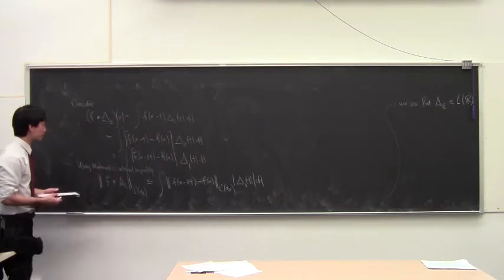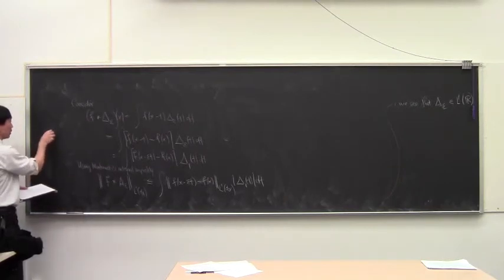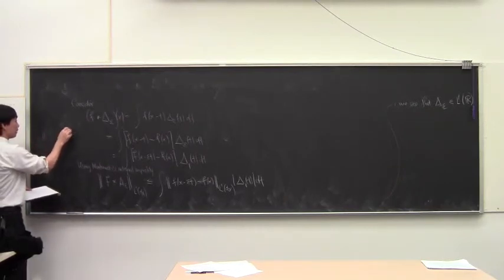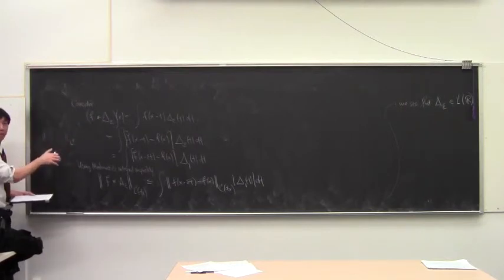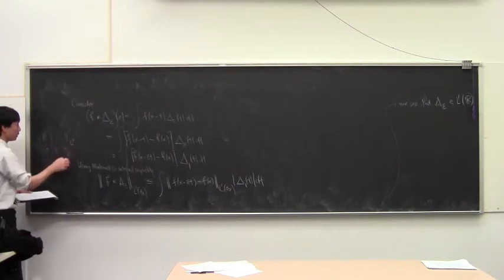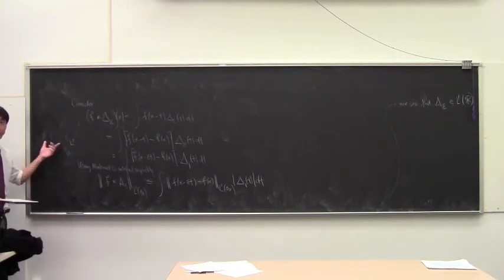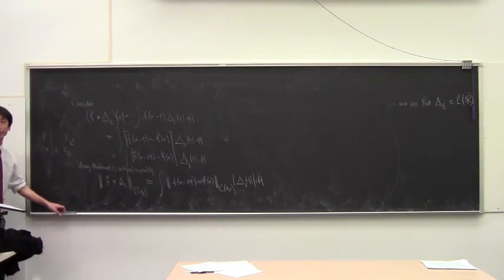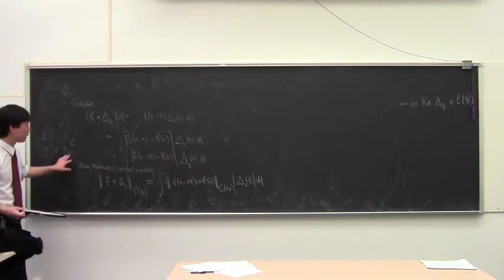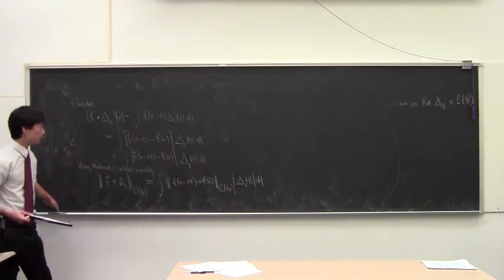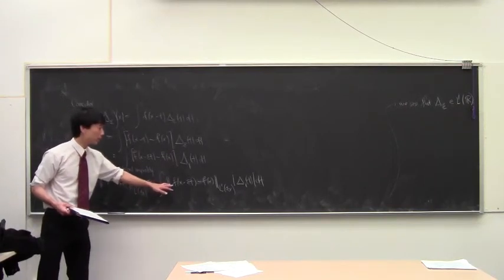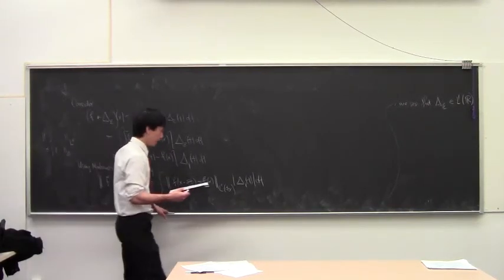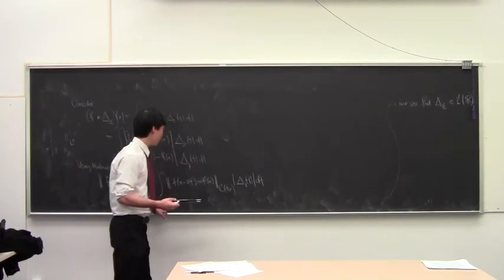Cauchy's inequality says that the Lp norm of an integral is bounded by the integral of the norm, like the triangle inequality for Lp. So we use Cauchy's inequality here, and you see what happens.